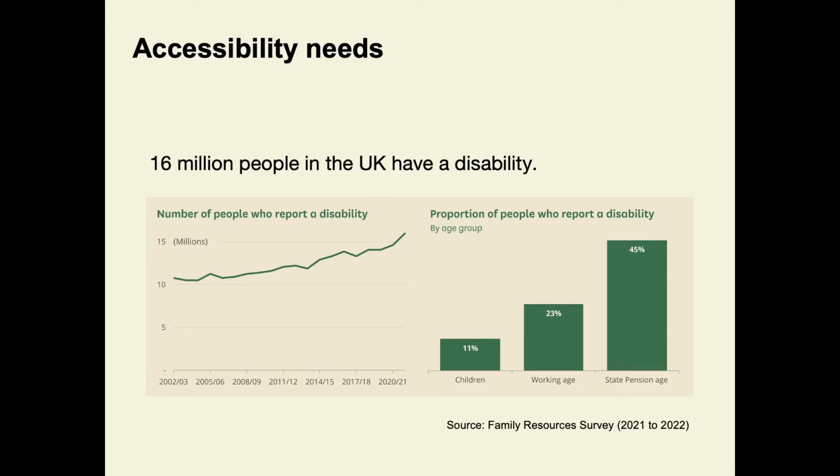And you can see how it's rising from 2002 up to the point that the survey was done. And then 11% of this are children, 23% working age people, and 45% state pension age. So you understand, the numbers are so high that it's impossible to not take them into account.